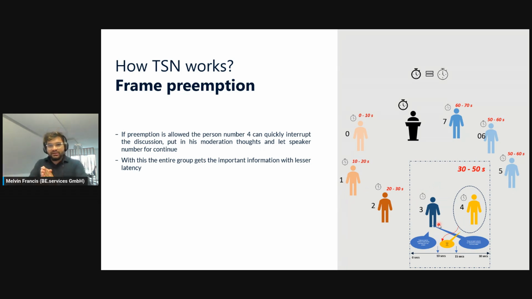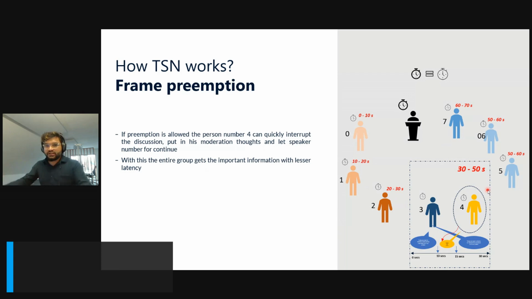Now just replace this with a huge packet: the important packet cannot be made to wait for the entire transmission, so the huge packet is cut at some point and control is given back to person number 3 so that he could continue to transmit.